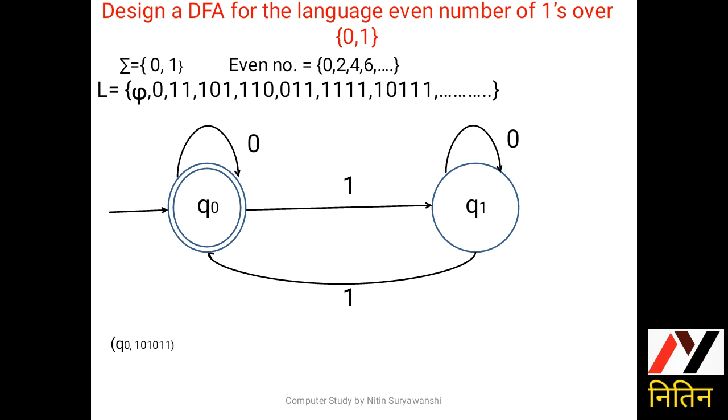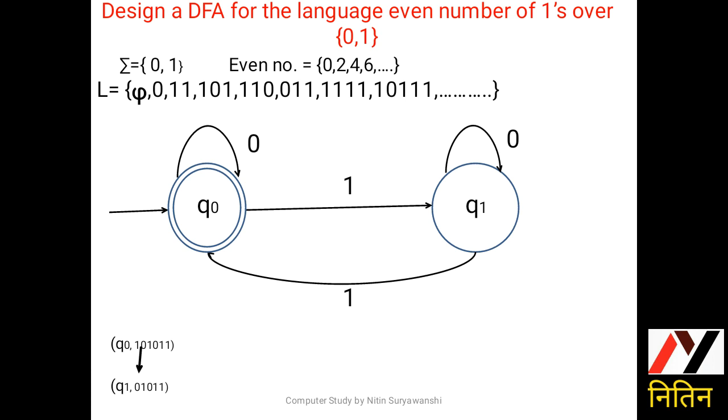Then let us consider one string, 101011. In that, Q0 is the initial state. So if Q0 takes input 1, then the next state will be Q1, and the remaining string is 01011.